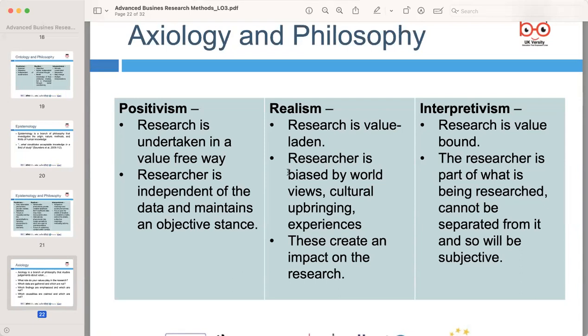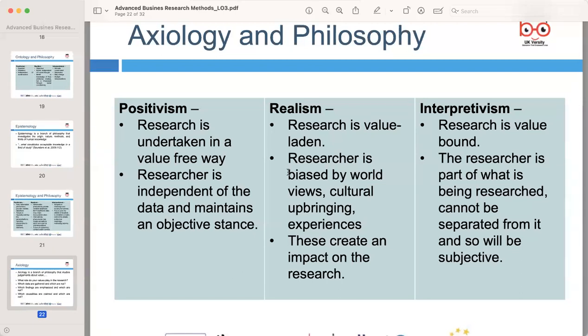Moving on to realism, this perspective takes a different stance. Research in realism is value-laden, meaning that the researcher's personal values, cultural background, and experiences play a significant role in shaping the research process.